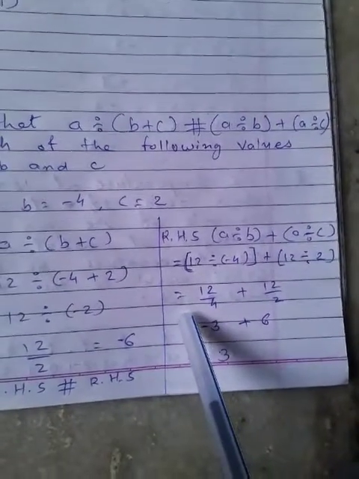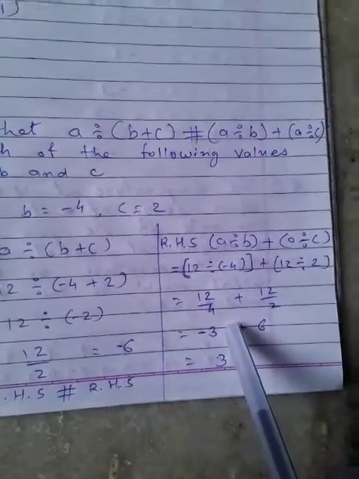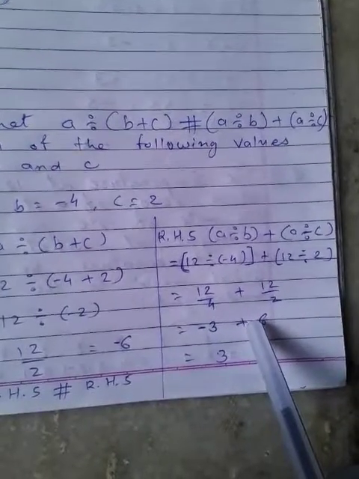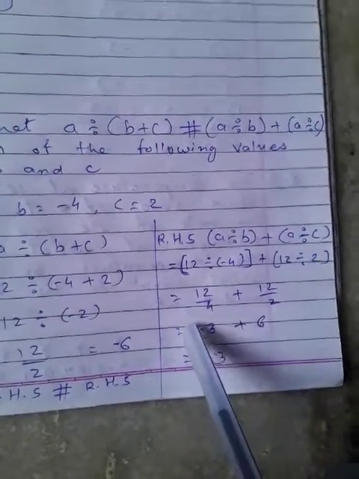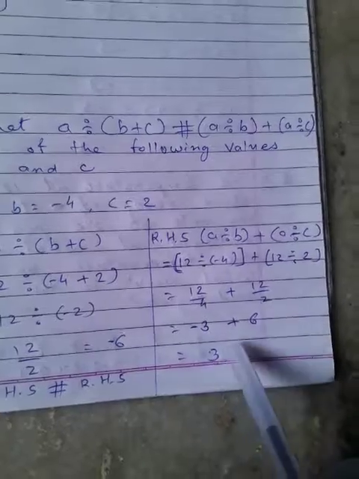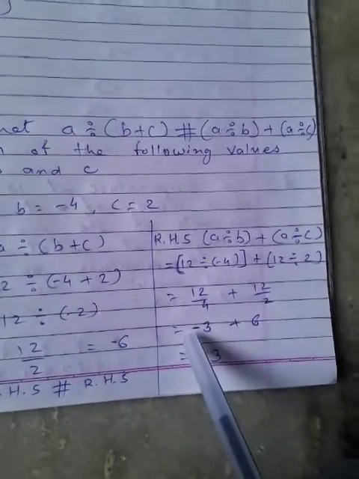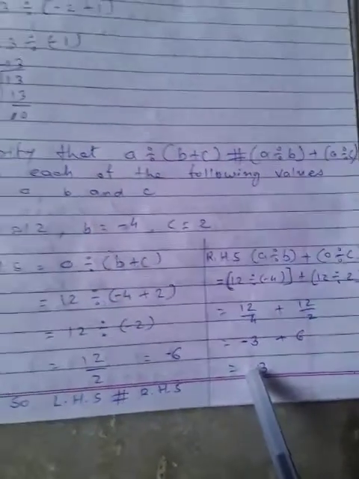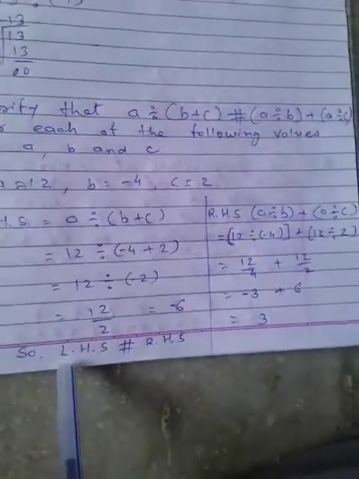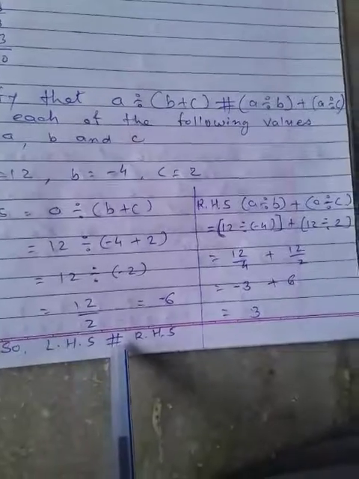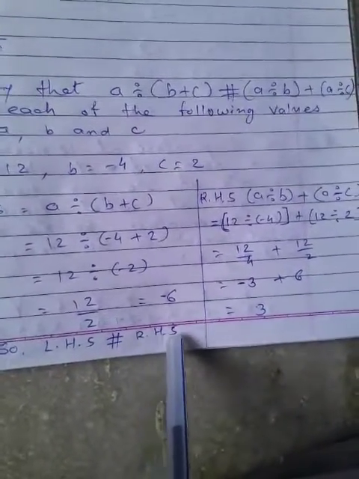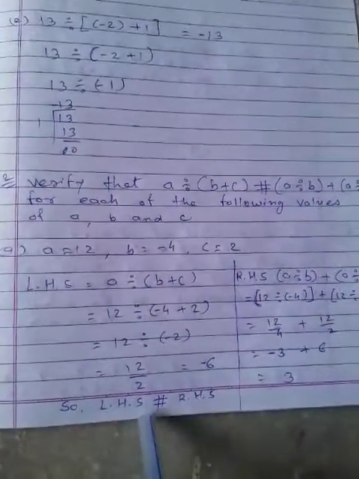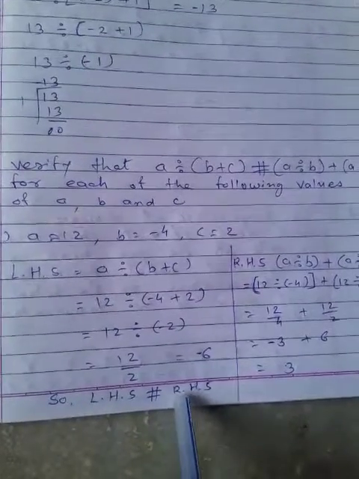Okay, so 12 divided by minus 4 plus 12 by 2. So minus 3 plus 6, minus plus is minus, 6 minus 3 is 3. Okay, so we can say that LHS is not equal to RHS. So we proved that LHS is not equal to RHS.